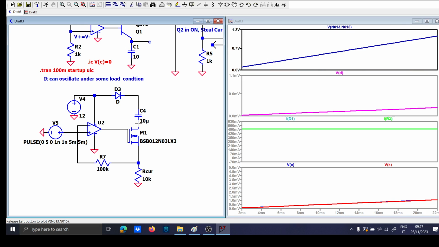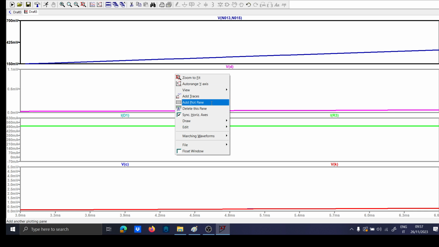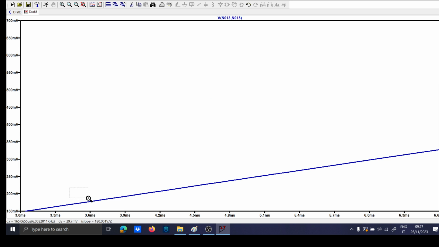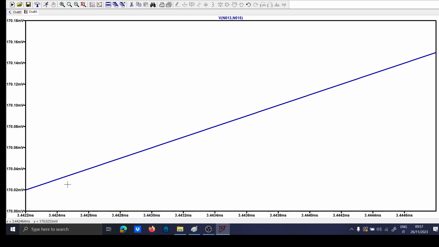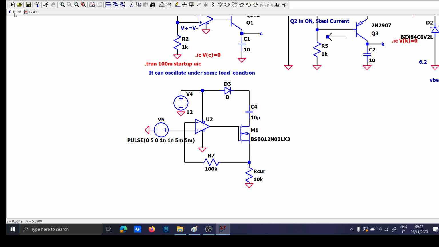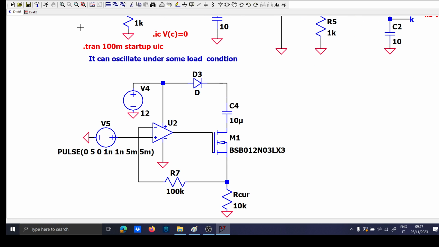If I check the difference between the voltage here, let me delete everything. Okay, should be fine.